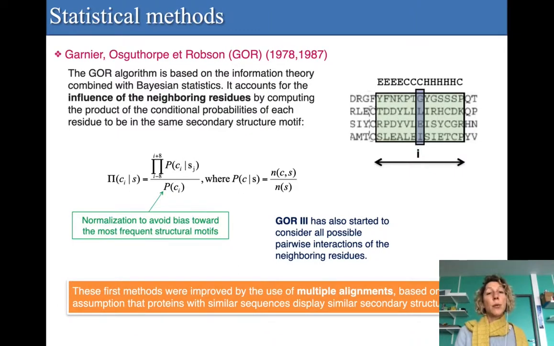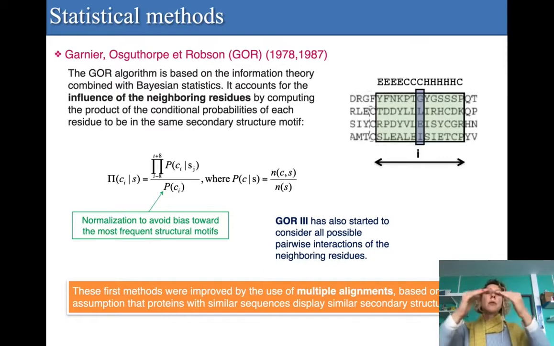So a very important thing is that these first methods were really improved by the use of multiple sequence alignments. Okay, so that's what you can see on the figure. It's not just about considering each sequence associated to its structure.